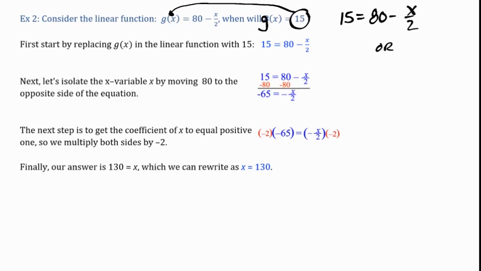Or if you prefer, you can say 15 is equal to 80 minus 1/2 x. These are exactly the same. It's two different ways we can write it. X over 2 is the same as 1/2 times x. Seeing it in this second form might make it easier to acknowledge that we need to multiply this by 2 to isolate it in a later step.